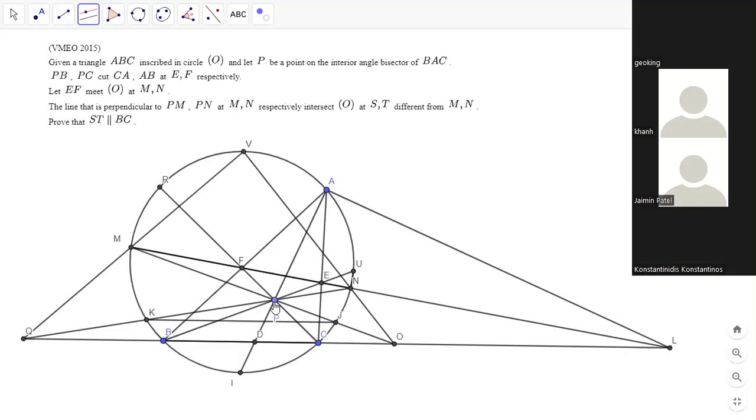This follows from Ricard. So MNOQ are cyclic. That follows by Ricard's theorem. Wait, are you saying the fact that this is cyclic comes from Ricard's theorem?